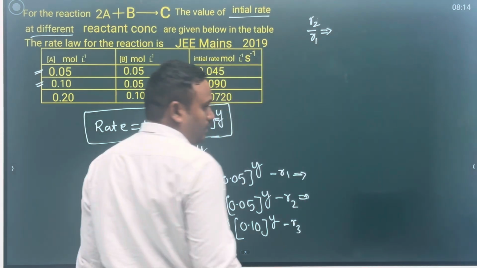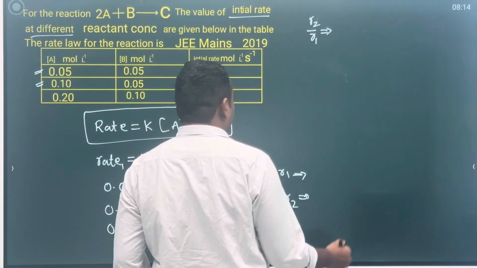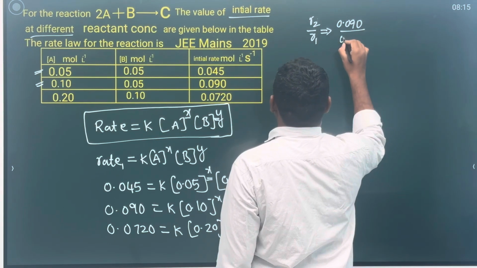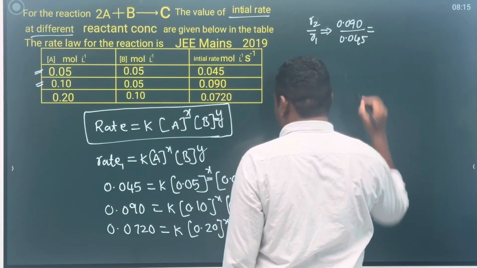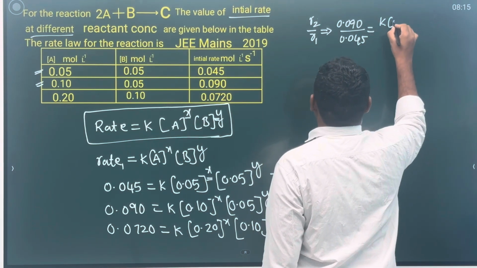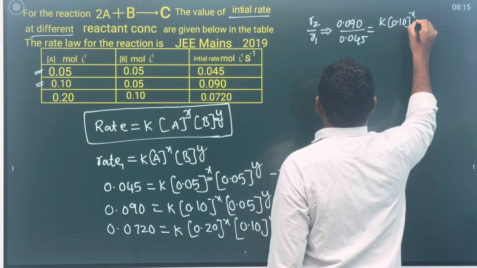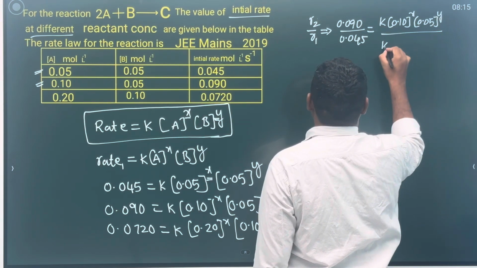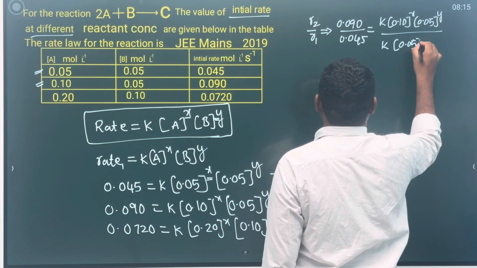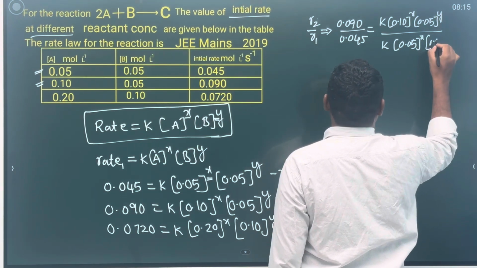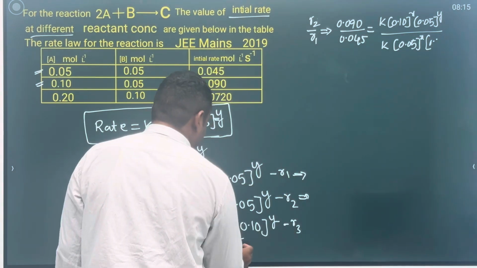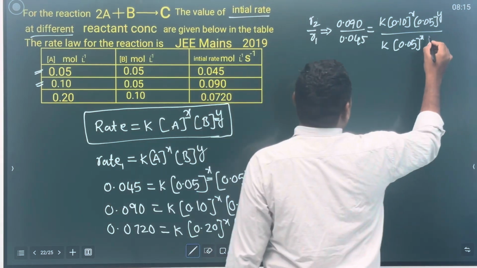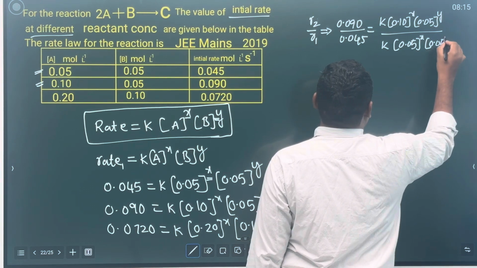That implies, when you do so, what will you get? 0.090 by 0.045 is equal to k into 0.10 power x, 0.05 power y, by k into 0.05 power x, 0.05 power y.